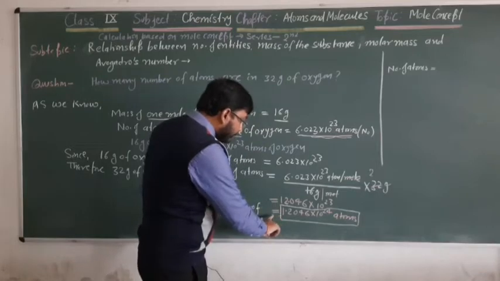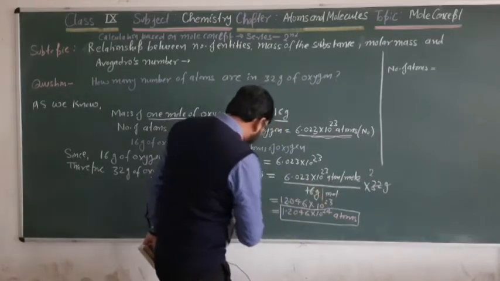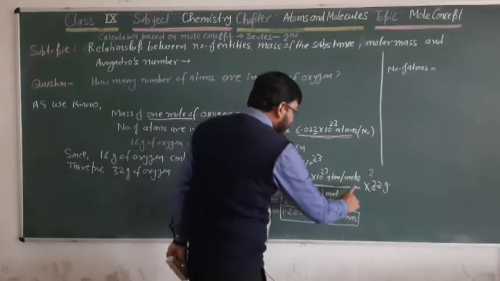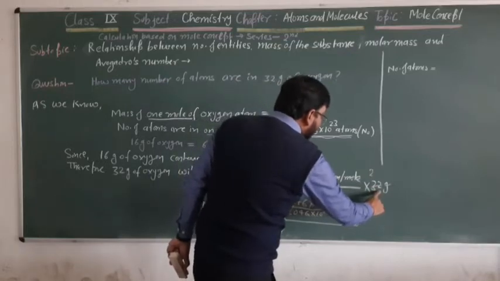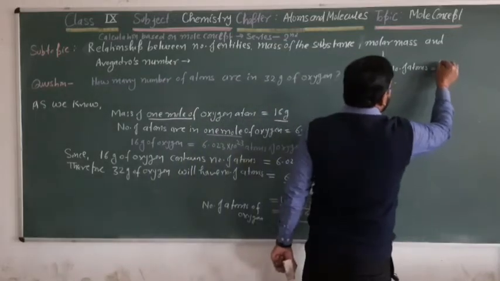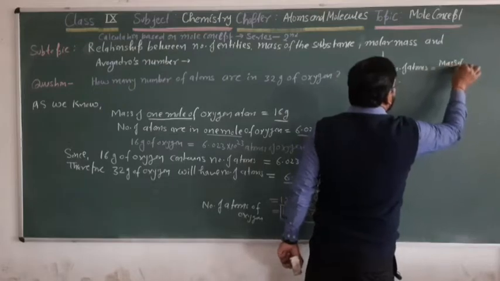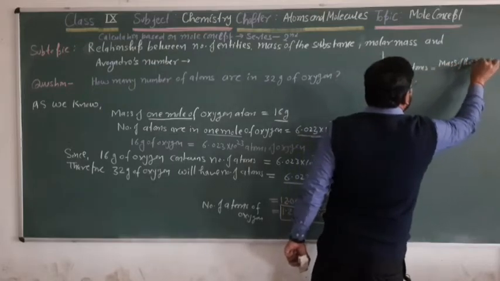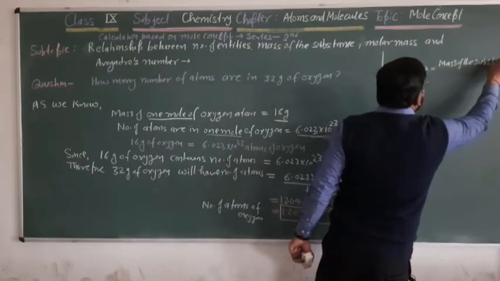Number of atoms is equal to, this 32 gram is the mass of the substance.